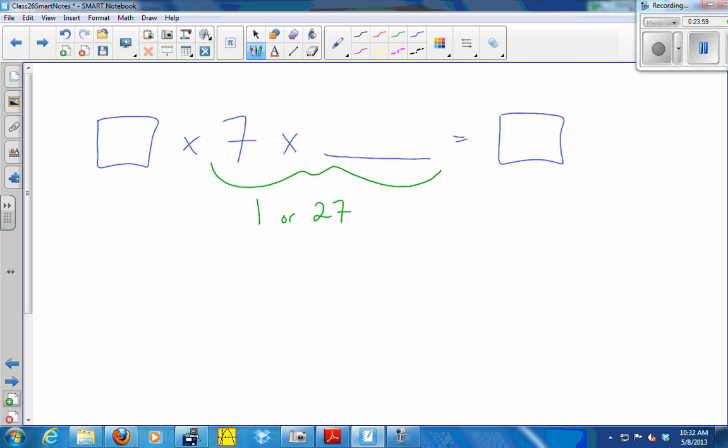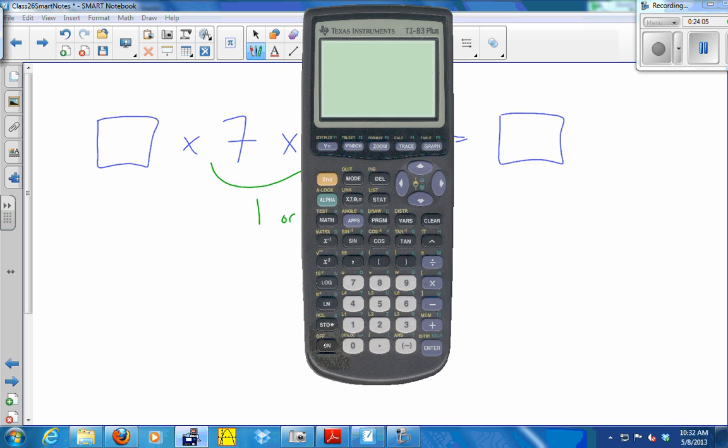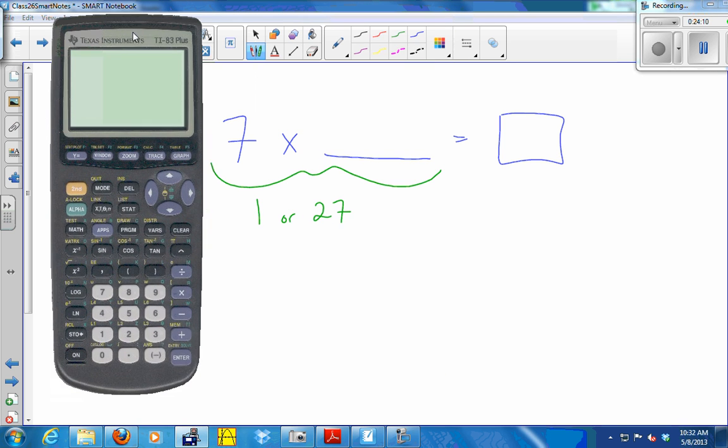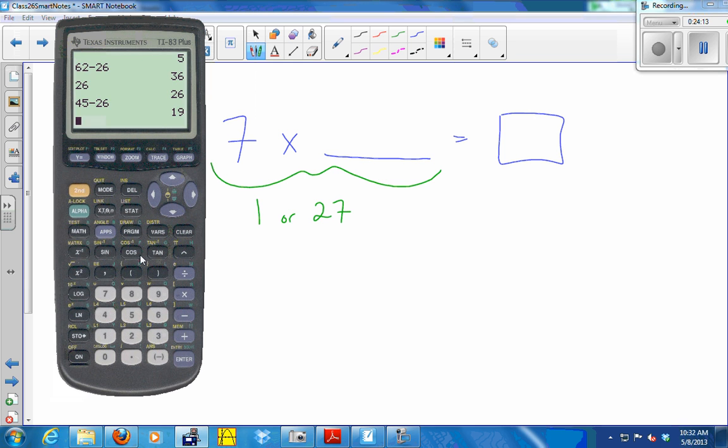But is there a number I can multiply 7 by to make 27? No. So pick another number that's equivalent to 1. Add 26 again. 1 is equivalent to 27 because you can always add 26 and you'll land back at the same letter. Add 26 again, and I get 53.